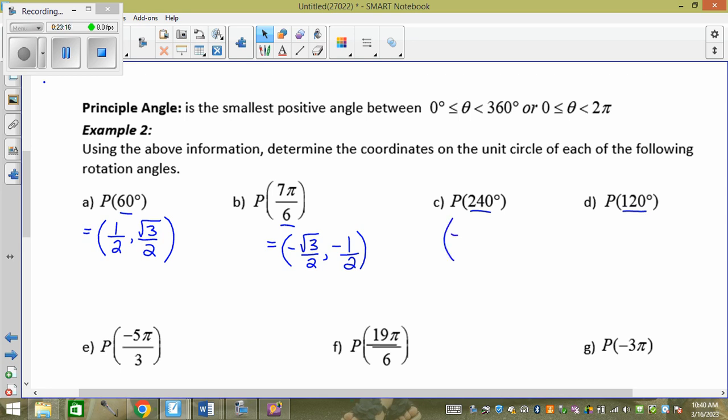Negative 1 half and negative root 3 over 2. 120 is going to be negative 1 half, and root 3 over 2.